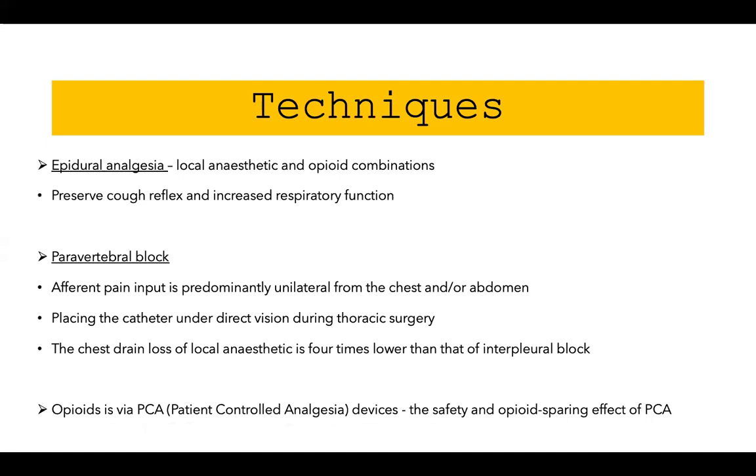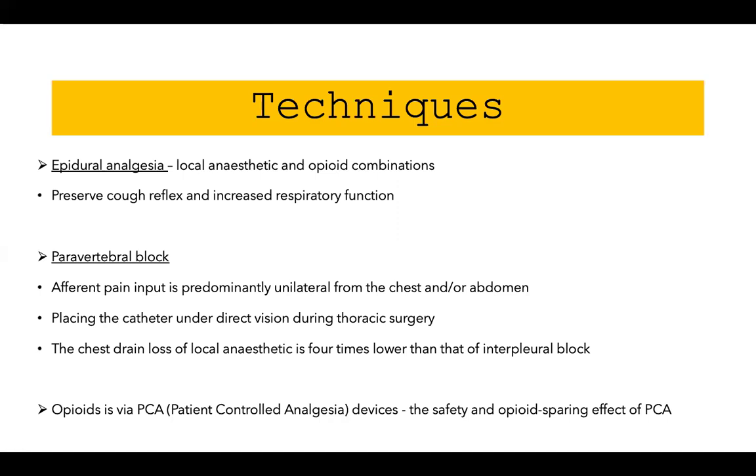In terms of techniques or invasive procedures, epidural analgesia is a standard. It includes local anesthetics with or without opioid combination. The main advantage is it preserves the cough reflex and improves respiratory function.